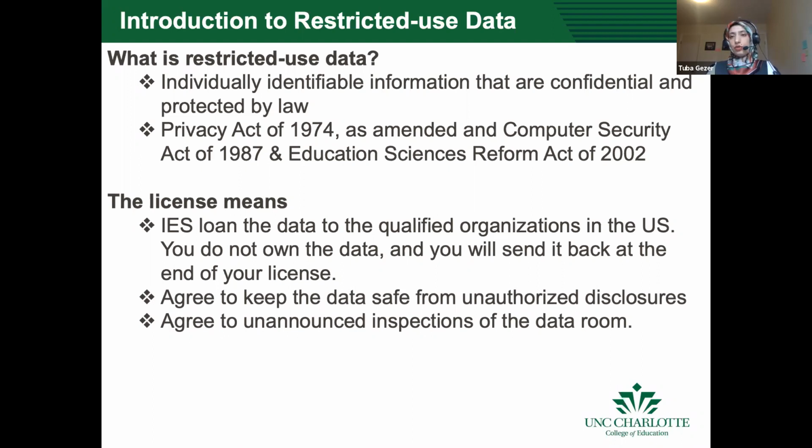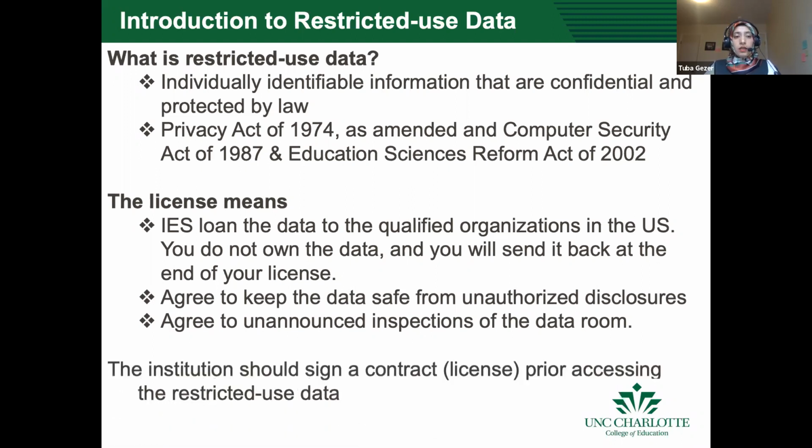So they can come to your data room and check whether everything is as it's supposed to be. And this license agreement is not between you and IES; it is between your institution and IES. That's why your institution should have a license before you have access to the data sets.